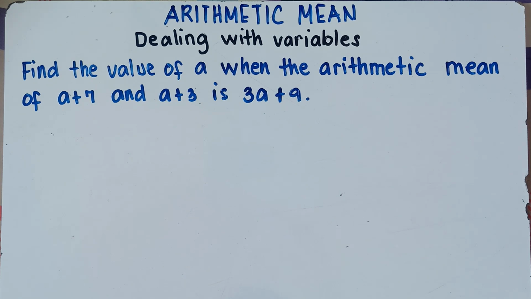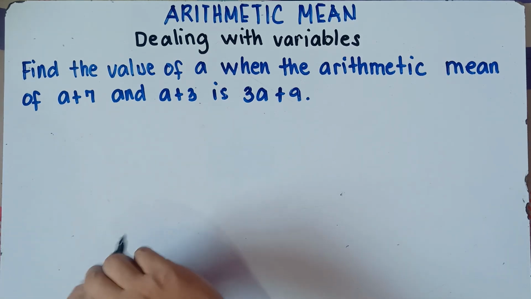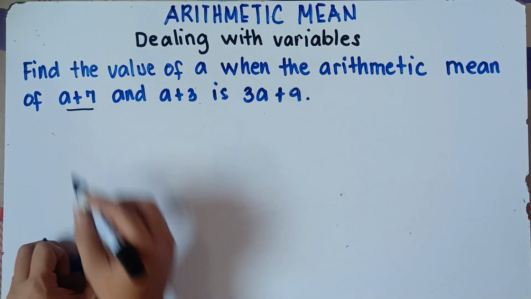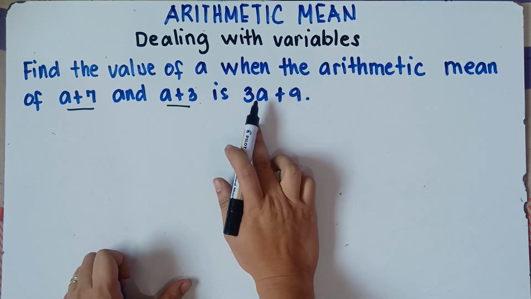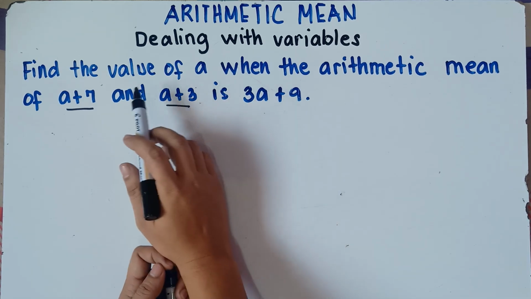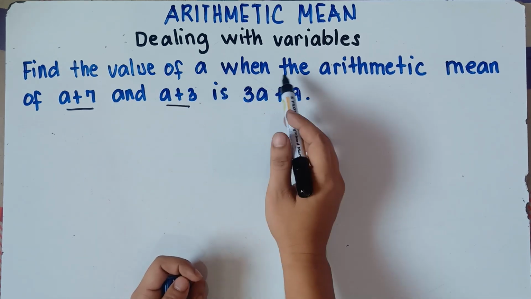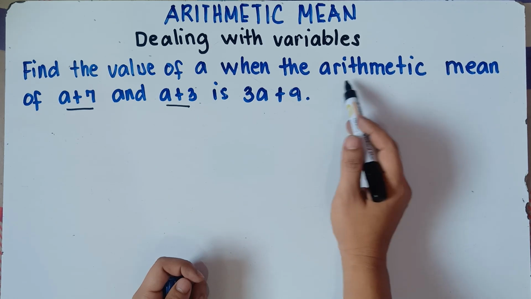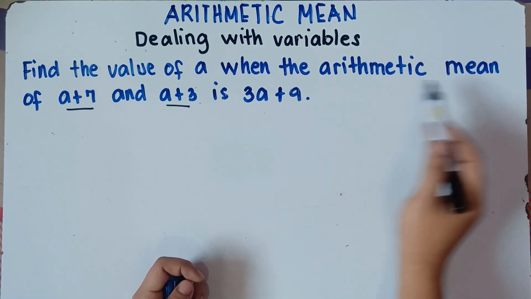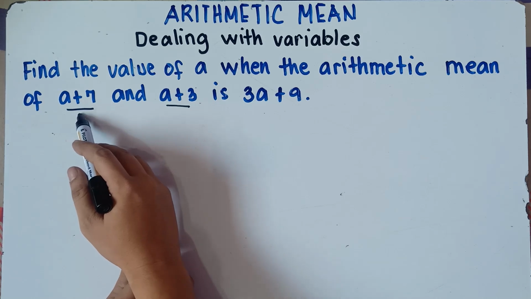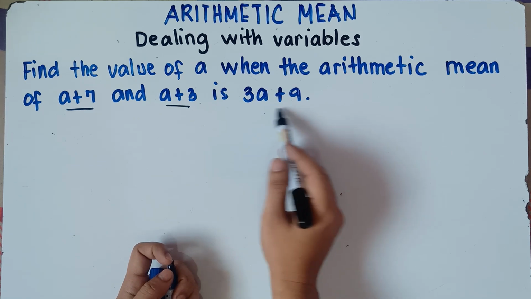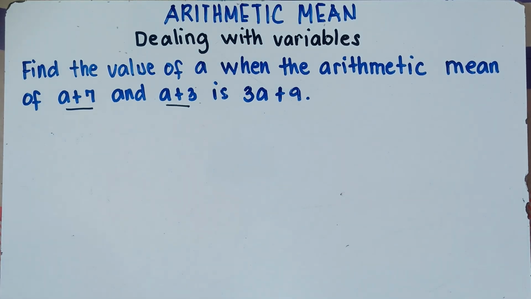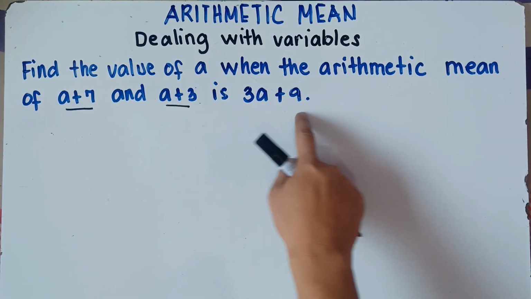Now, if you have a given example like this, you have the given first term, and this will be the last term, because the average is 3a plus 9. You are told to find the value of a when the arithmetic mean of the first term and the last term is 3a plus 9.